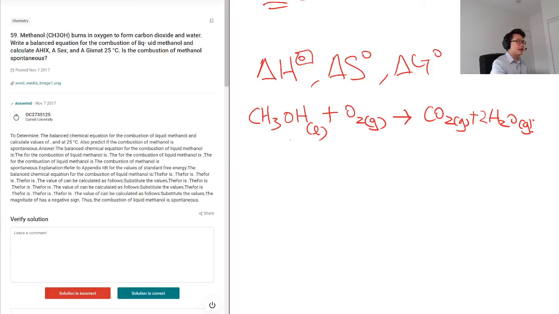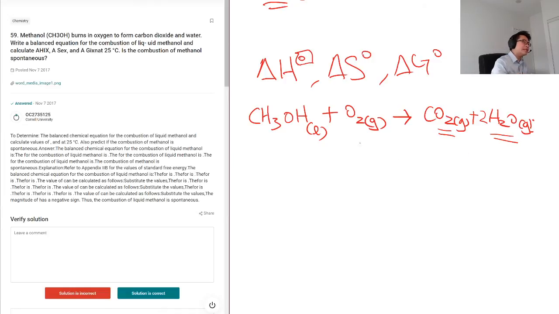Okay, so on the right, we have 4 oxygens: 2 from carbon dioxide, and 2 from water. And then on the left, we have 1 from methanol, and then 2 from our oxygen. So we have 3 on the left, 4 on the right.